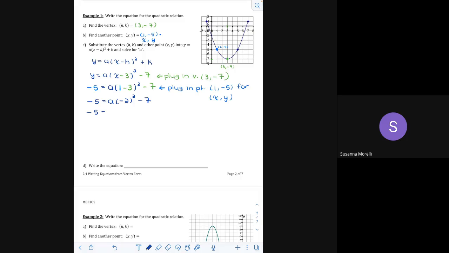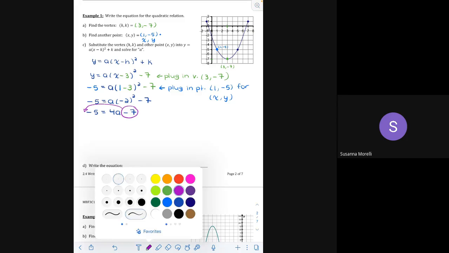-2 squared is 4, so that would be 4a, and then -7. Now what we want is a by itself, so we want to isolate for the variable a. We're going to bring over this 7.